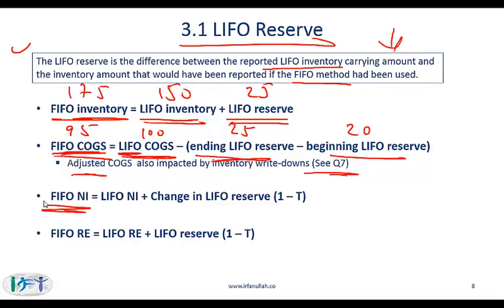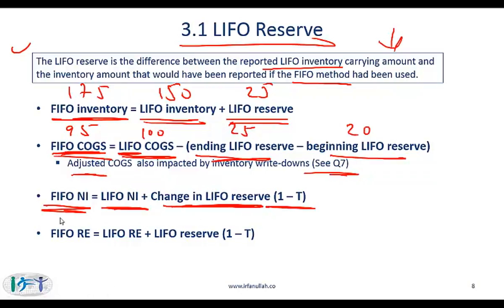Obviously, you might also want to look at the impact on net income. If you are comparing the net income of two companies or you are comparing ratios such as net profit margin and so on, where net income is required, then you need to make a net income conversion. FIFO net income is equal to LIFO net income plus the change in LIFO reserve times 1 minus the tax rate.